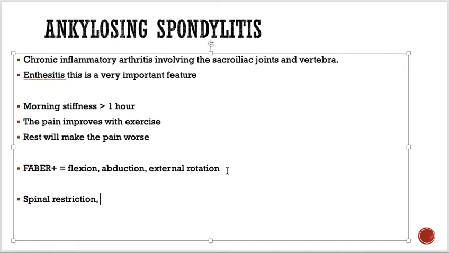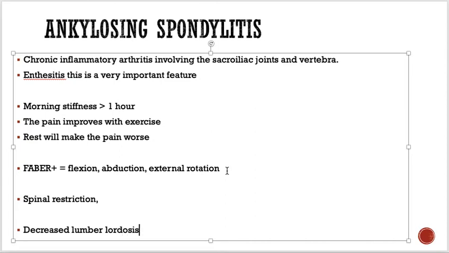Okay, they cannot move their back like you can move. What are the movements in our vertebral column we can do? We can do forward flexion, backward flexion, lateral flexion, right? And even rotation. Now, due to this, they have multiple postural changes. What postural changes do they have? They have decreased lumbar lordosis.